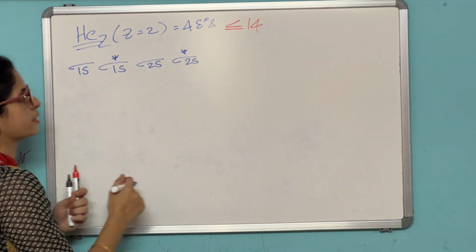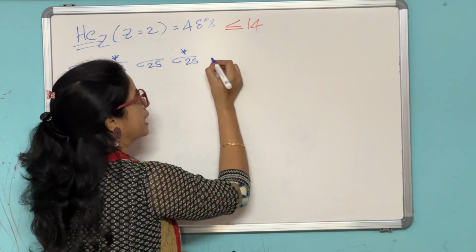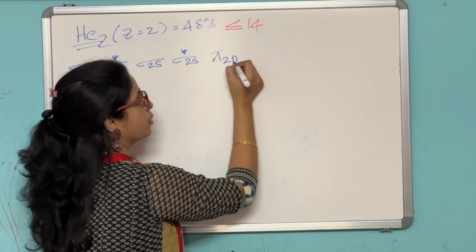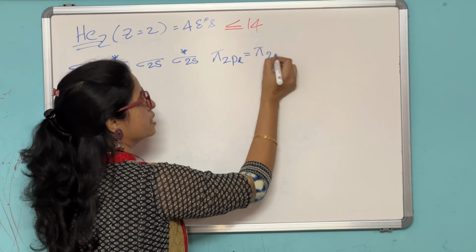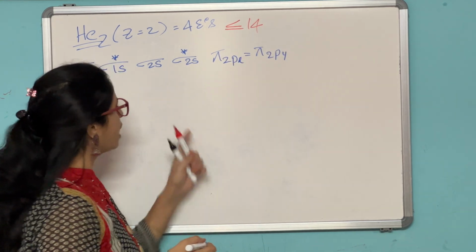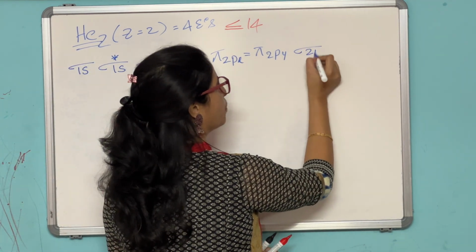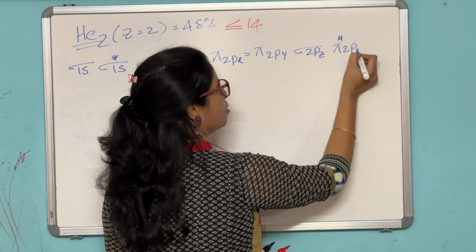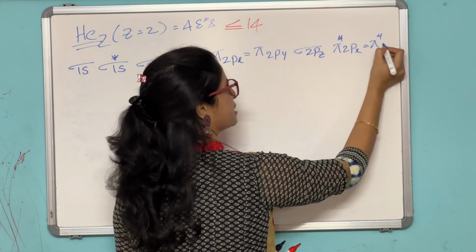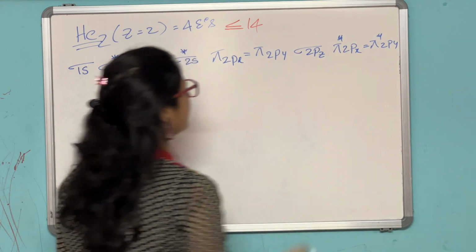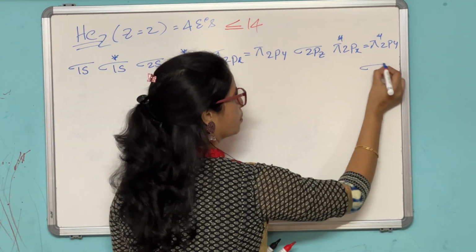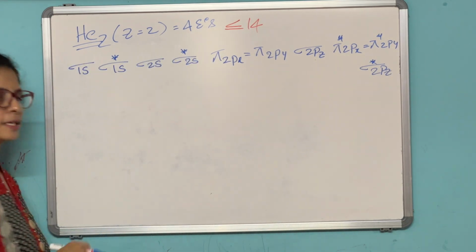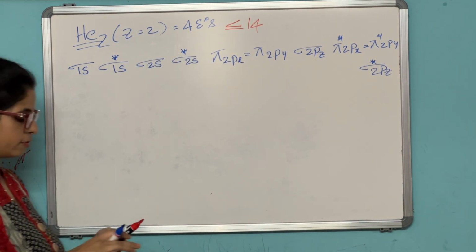Then pi 2px is equal to pi 2py, these two are degenerate. After that comes sigma 2pz, then the anti-bonding orbitals pi star 2px equal to pi star 2py, and again sigma star 2pz, the anti-bonding orbital of sigma 2pz. This is the electronic configuration.